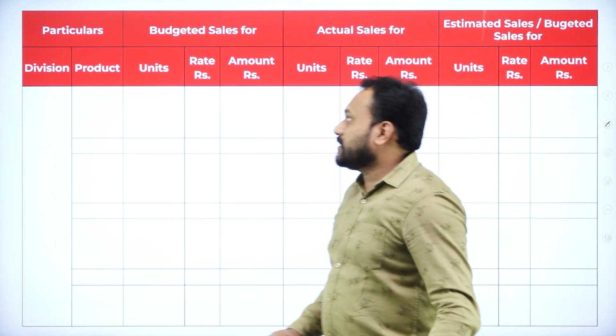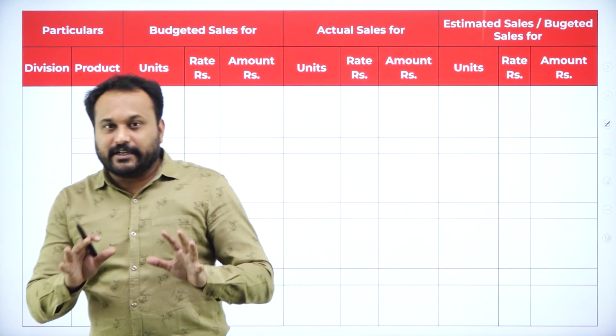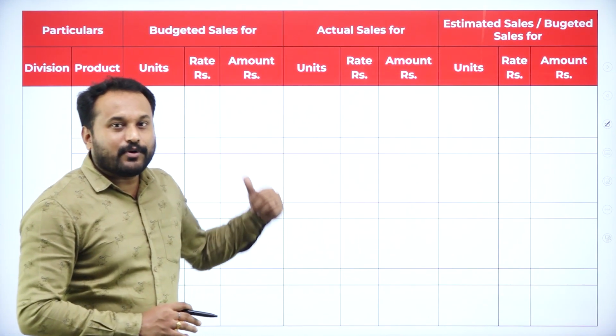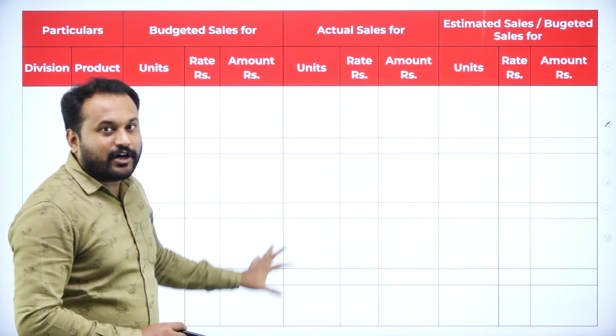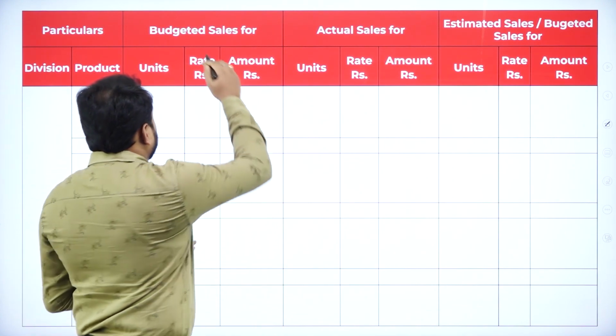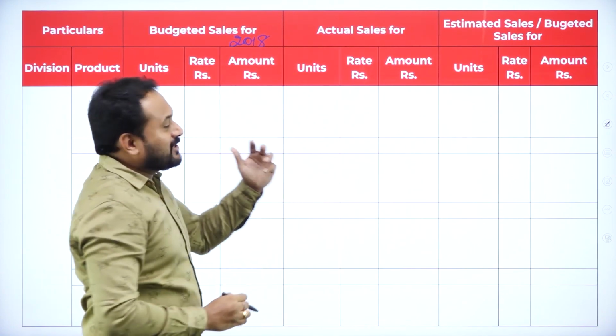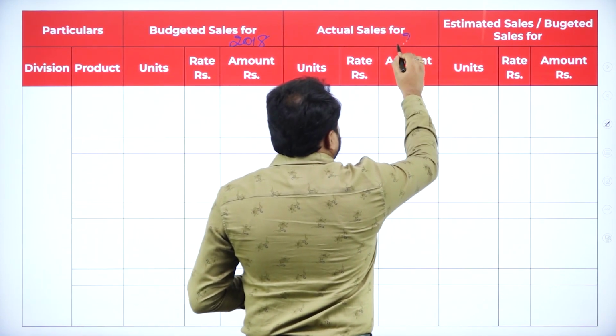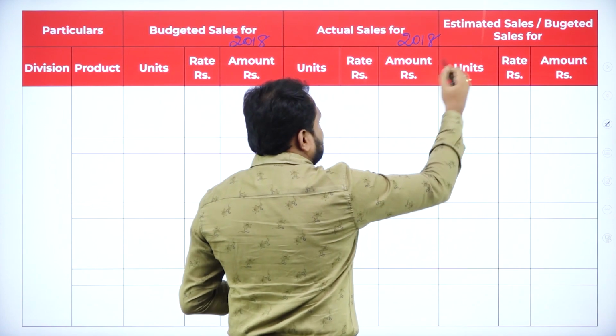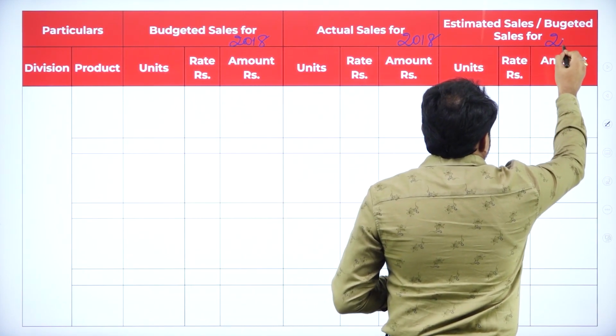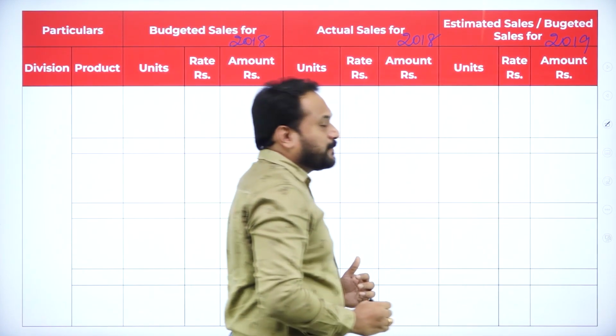And the solution here is, I'll be writing the particulars, division, product, budgeted sales for 2018, actual sales for 2018, and estimated or budgeted sales for 2019. This is done.